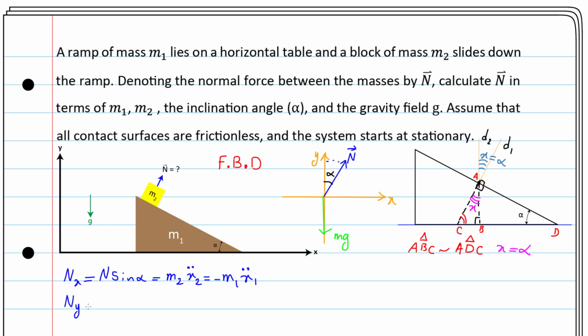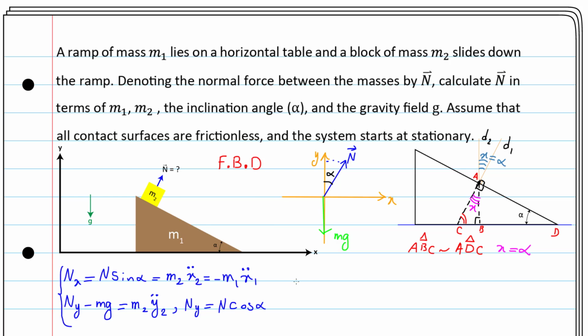The vertical force from the FBD is Ny minus m2 g, which is equal to m2 y double dot 2. And we additionally have Ny equals N cosine alpha.